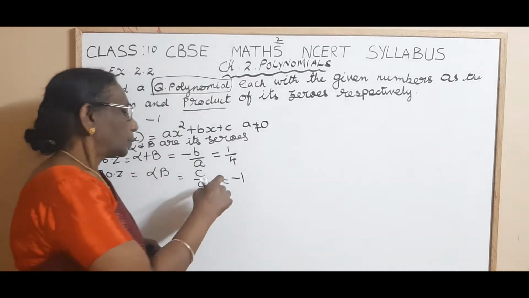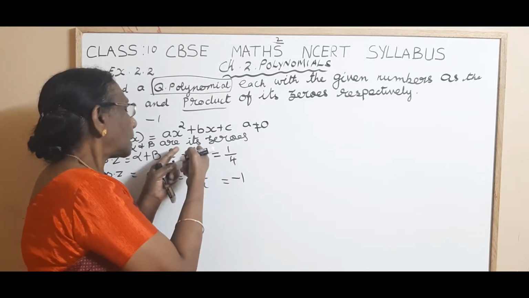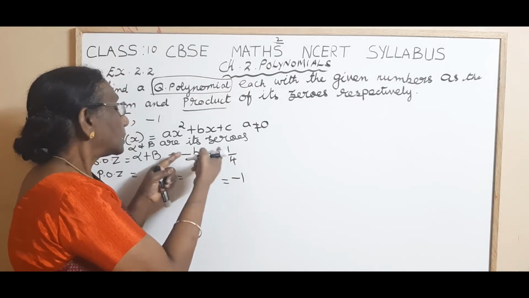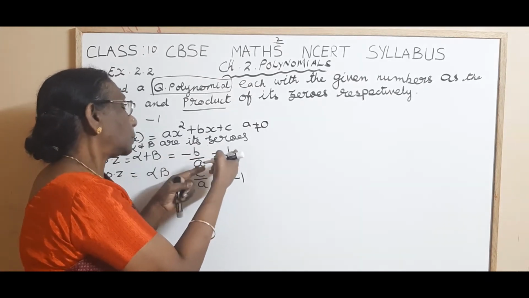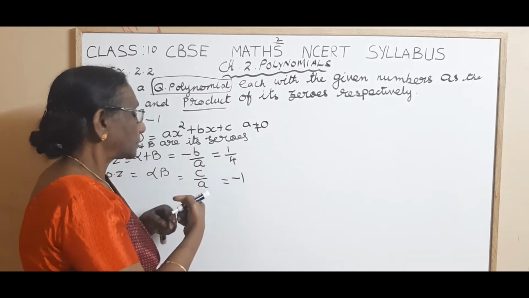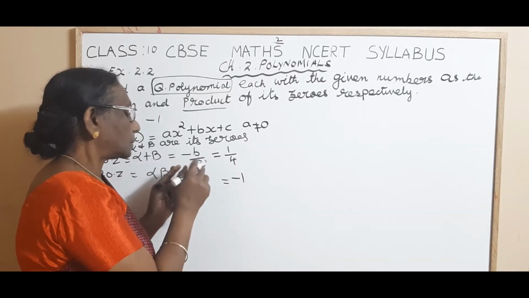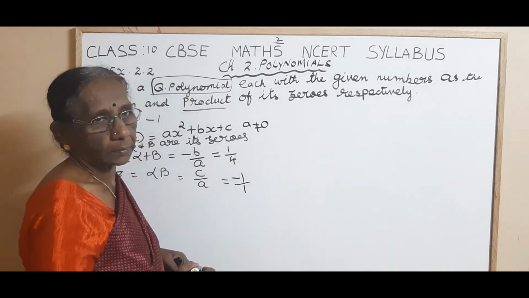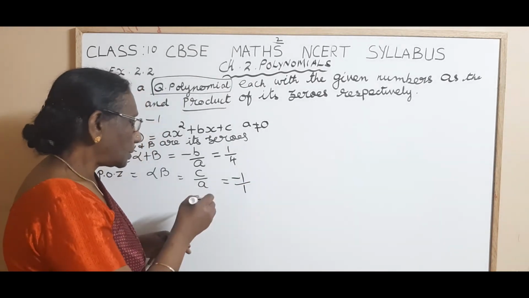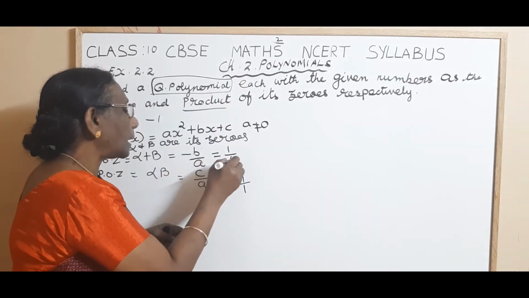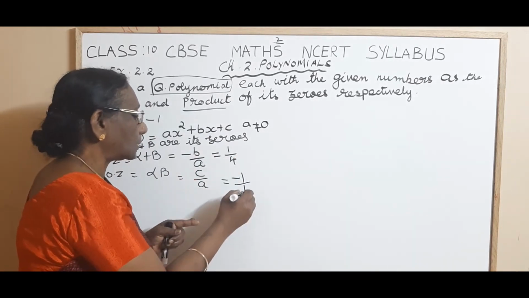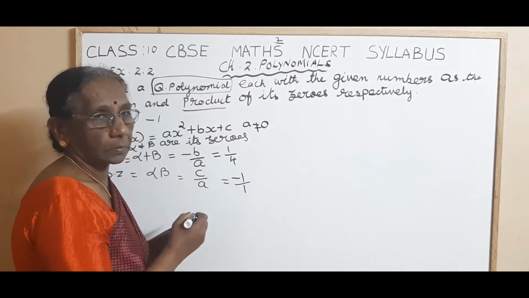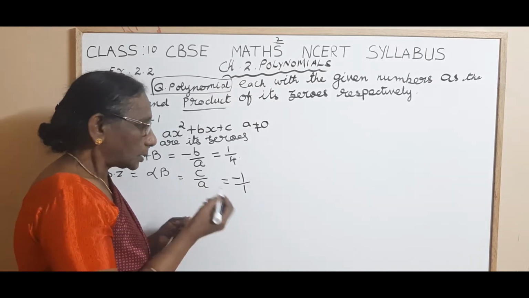Isn't it, children? So, this is a fraction, minus b by a. That is a rational number with what? Minus b is equal to 1 and a is equal to 4. And here c is equal to minus 1. What is a? So, you write this minus 1 as minus 1 by 1. Okay. And when you compare the value of a from this and from this, here a is equal to 4, here a is equal to 1. Isn't it? It is not possible.